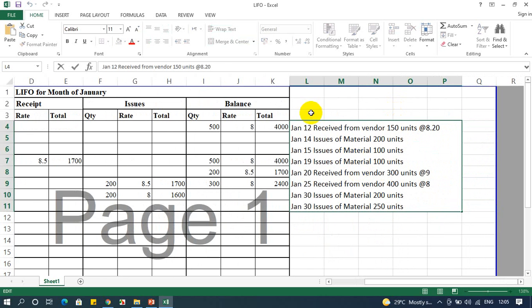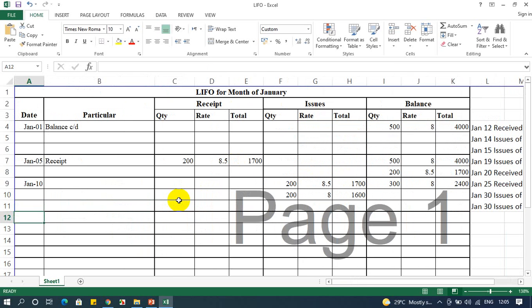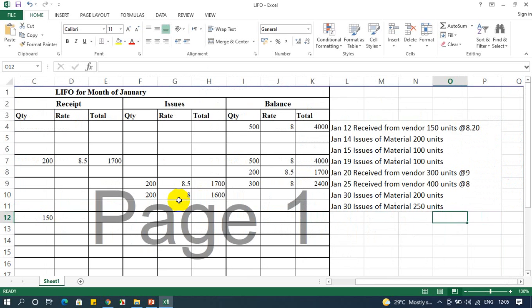Again, on January 12th we received 150 units. So writing here January 12th, again received, right? So how much have we received? 150 units. What is the rate here? The rate is 8.20.